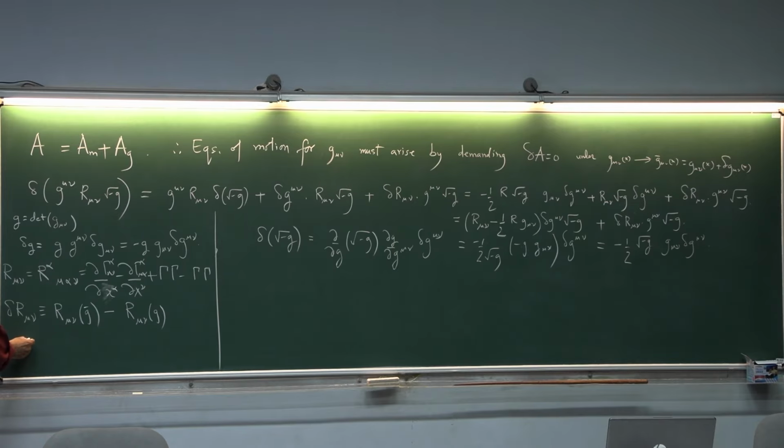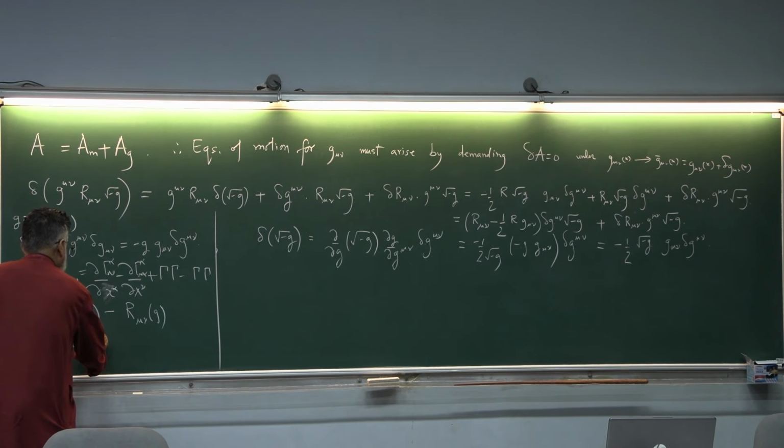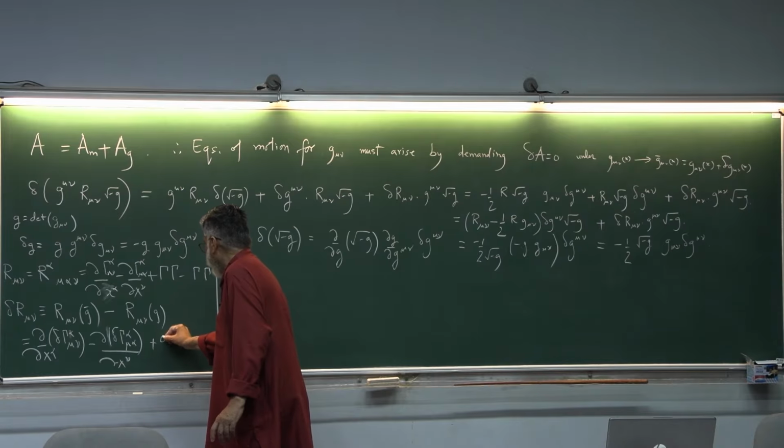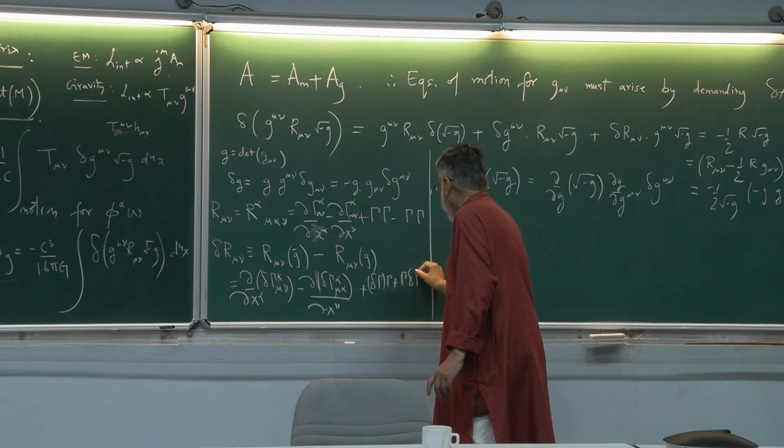So this is same as delta of del x alpha of variation in the Christoffel symbol plus there will be a term del gamma plus gamma del gamma coming from this.